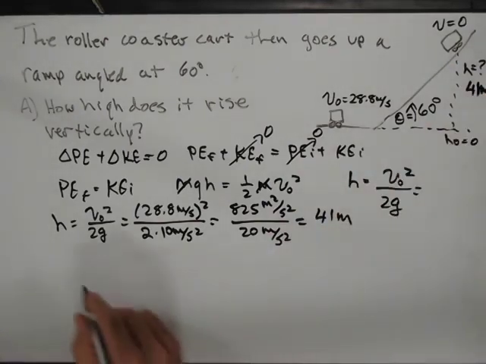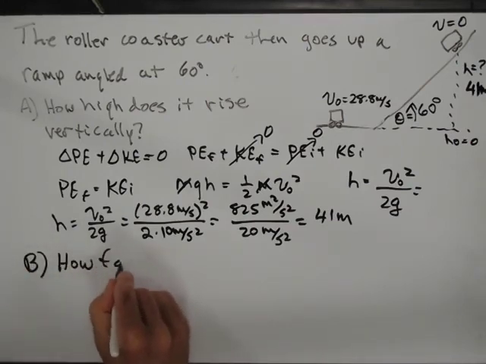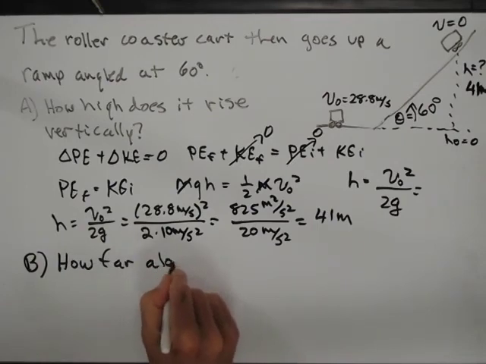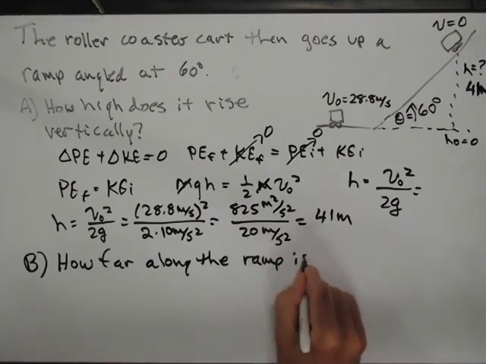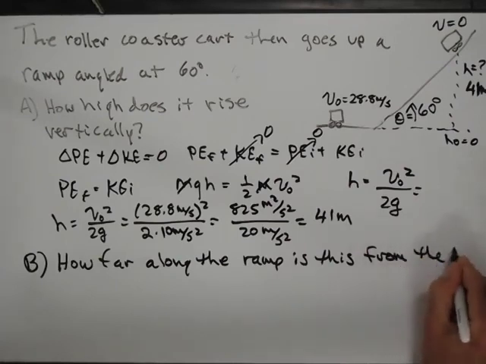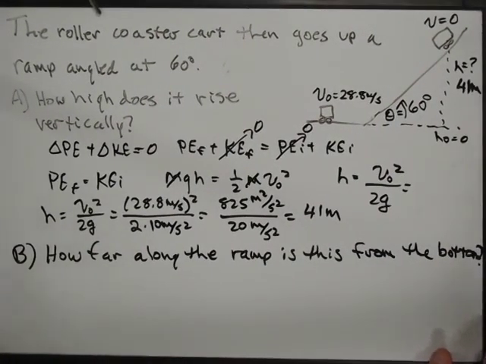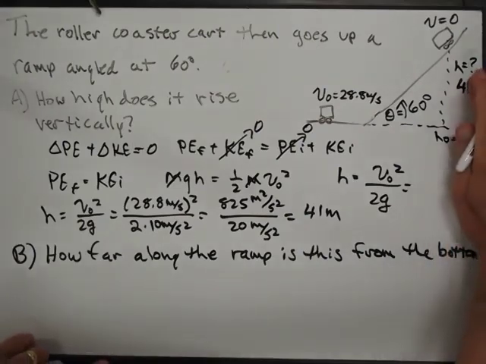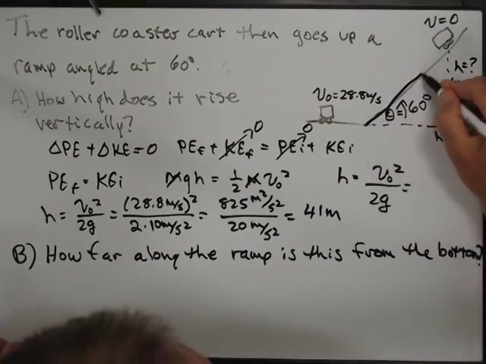And if I ask part B, if I want to know how far along the ramp this is from the bottom, right? That's 41 meters. If I want to know how far along the ramp this is from the bottom, they're asking me now for the hypotenuse here.